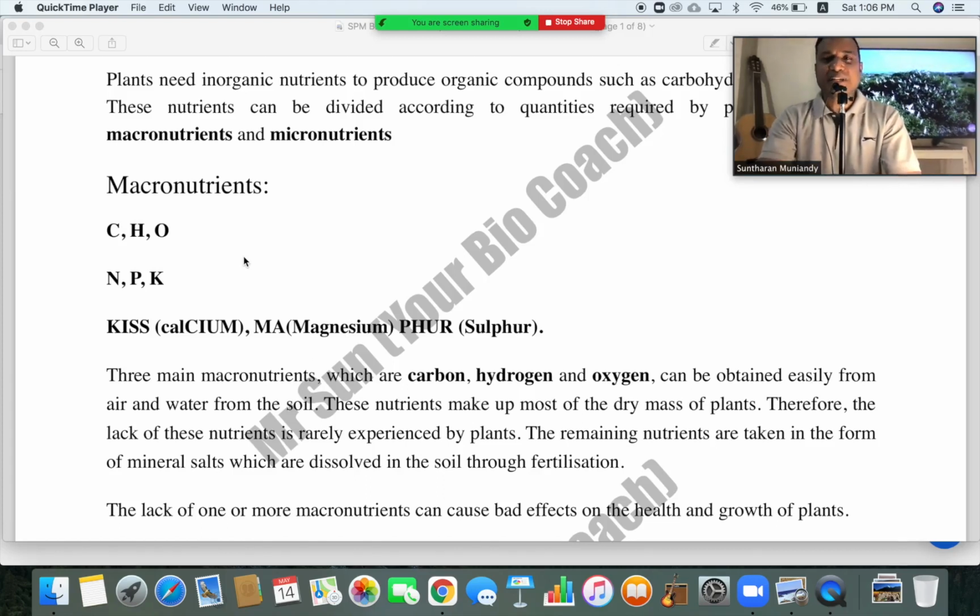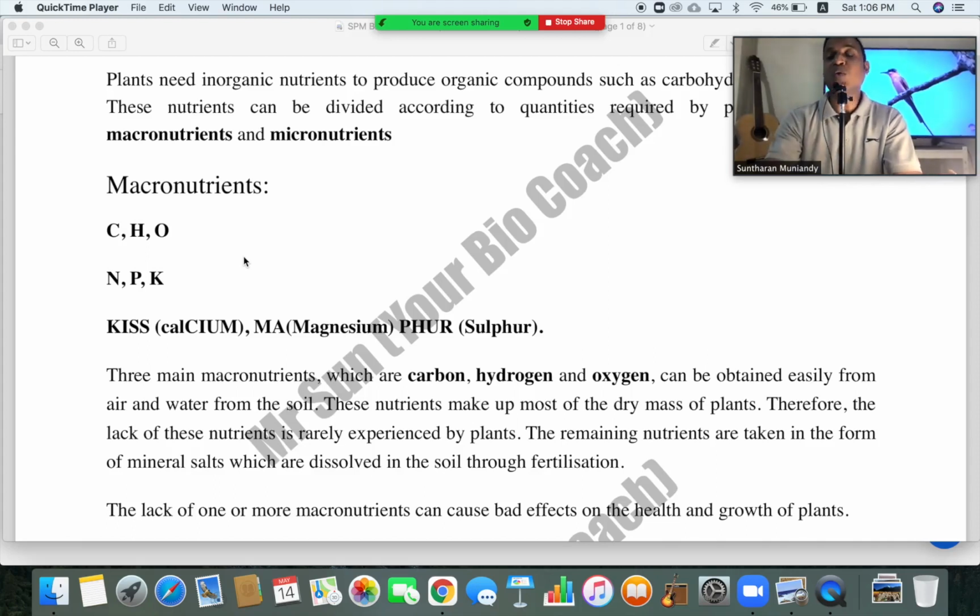Without these nutrients, the plant will not be able to function properly. If any of these nutrients are in scarce quantity, what will happen? The plant will exhibit some kind of deficiency. For each type of nutrient, they will show a different kind of deficiency.